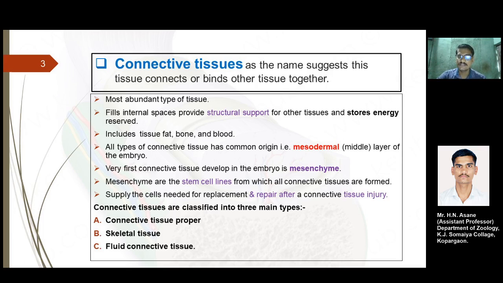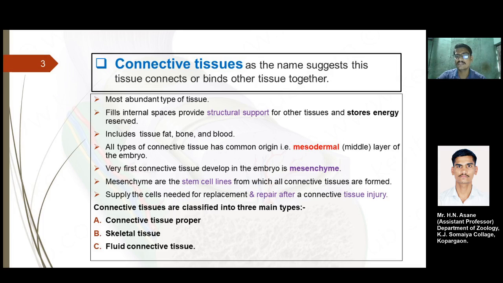Stem cell means what? The group of cells which gives birth or gets transformed into other types of tissues, which are the mother cells. You can differentiate the stem cell lines as the mother cells of the connective tissues. These mesenchymal cells are the parental cells of the various connective tissue types, and they supply the cells needed for replacement and repair after a connective tissue injury.